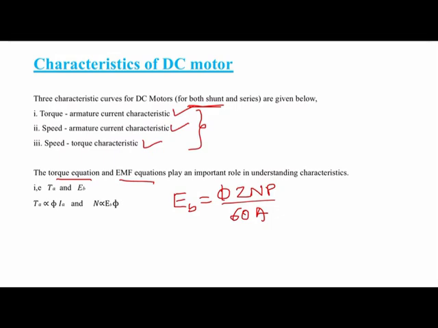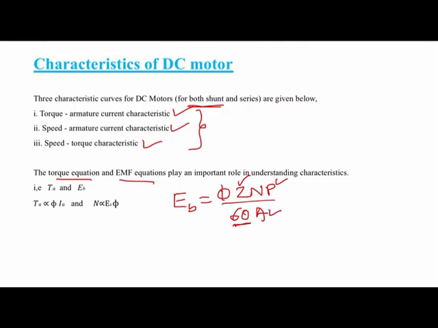Once you design the DC machine, the number of conductors remains constant, the number of poles remains constant, and the number of parallel paths, whether for wave winding or lap winding, remains constant, and the number 60 is also constant.